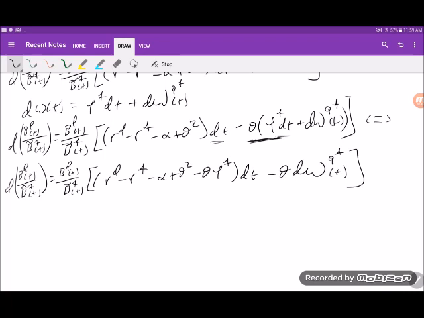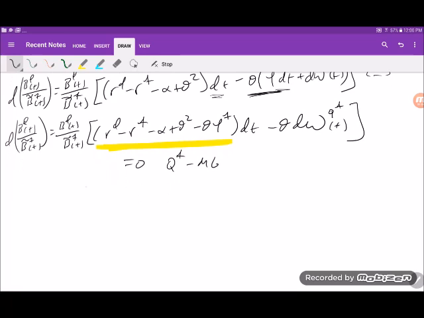Okay, now as before, again, we want this drift here to be 0 for a qf martingale. So let's work through that. We'll have rd minus rf minus alpha plus sigma squared minus sigma phi f equals 0. Okay.